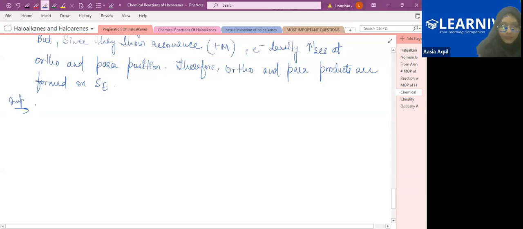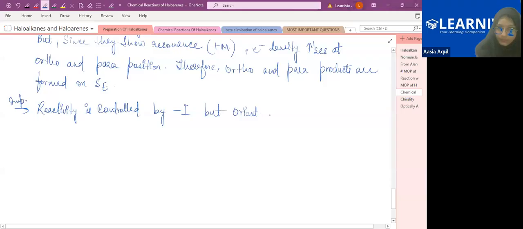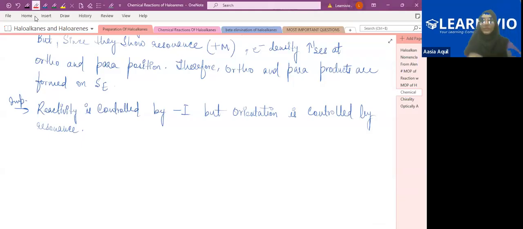Important. Okay, so the reactivity is controlled by minus I effect, but the orientation is controlled by resonance. Okay, is it clear?